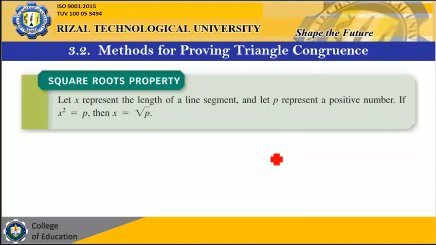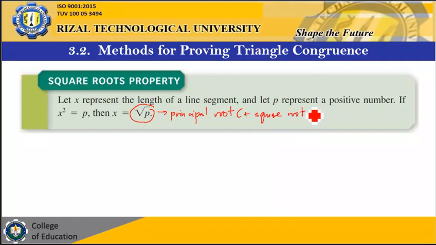If x squared is equal to p, then x is equal to the square root of p. Take note that we are only taking the positive square root, or what we call the principal square root.